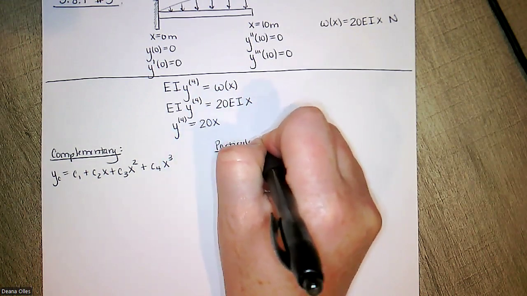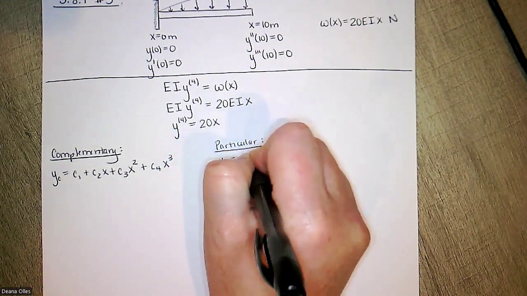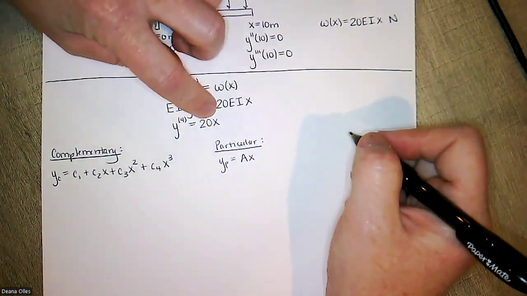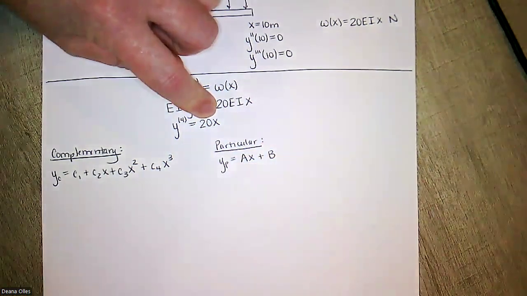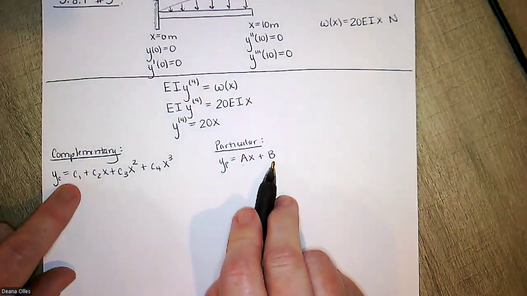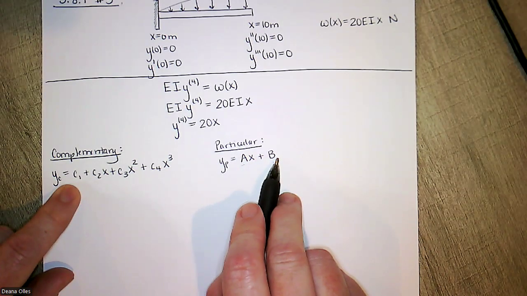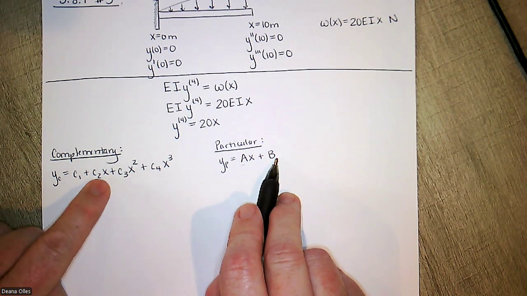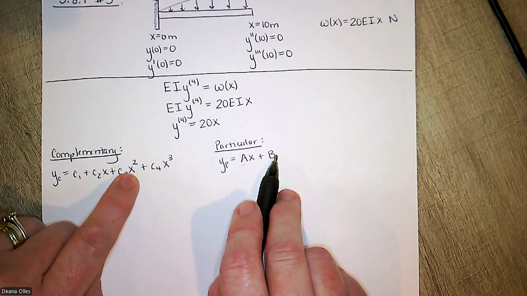We notice that we have an x term here, and then the derivative of 20x would be 20, so we'd think we need a constant as well. The problem is we already have an x term and we have a constant term. So we'd think we need to multiply by x and get x squared and x, but we have those as well. Multiplying by x again would give us x cubed and x squared. We already have those.